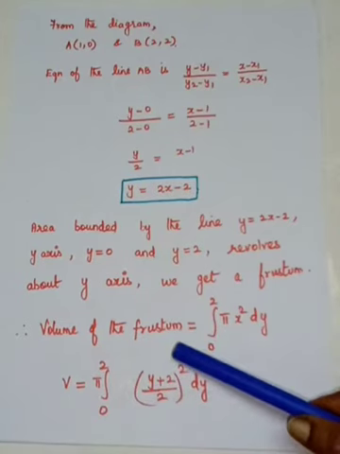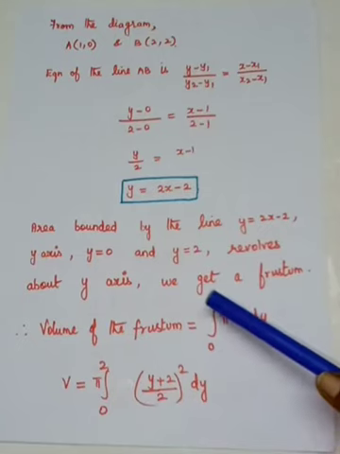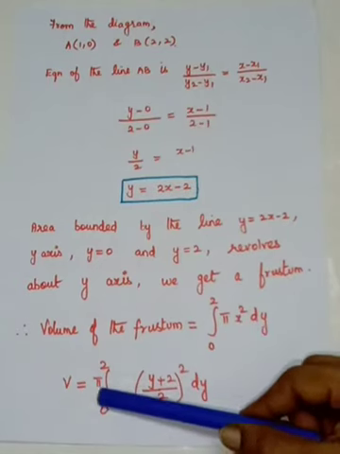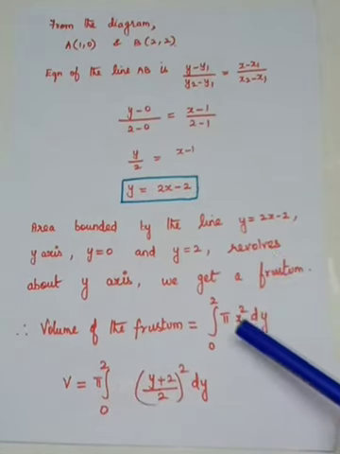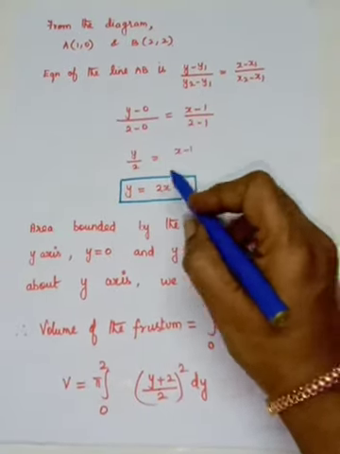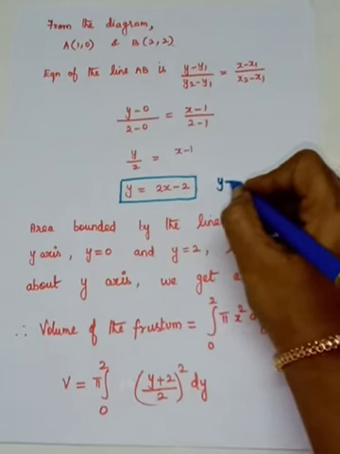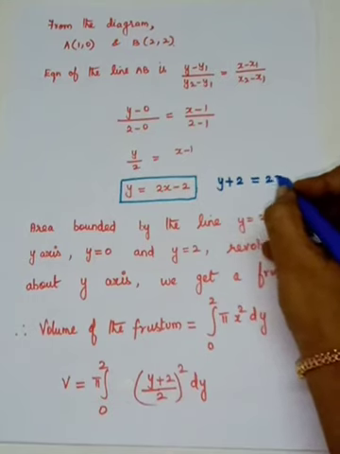the volume of it. So the integral from 0 to 2 of pi x squared dy. Pi is a constant, so it is taken out. Now you have to substitute x squared. You need x first. From this equation, when you take the minus 2 to the other side, it is y plus 2 equals 2x.